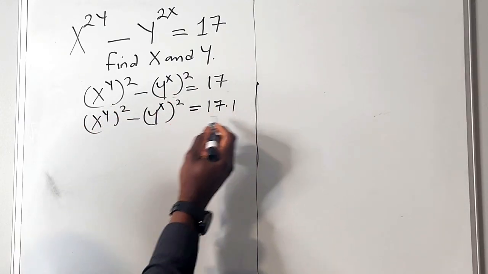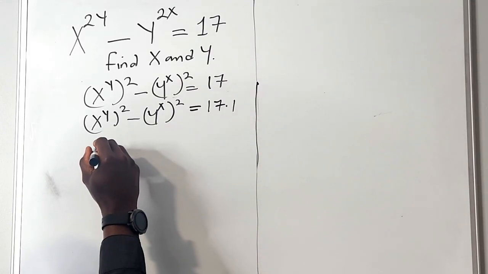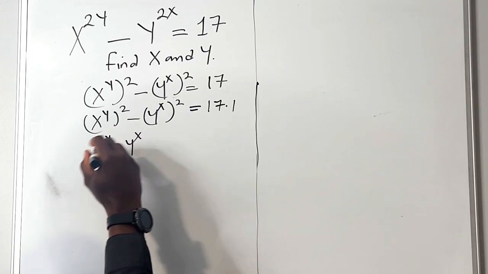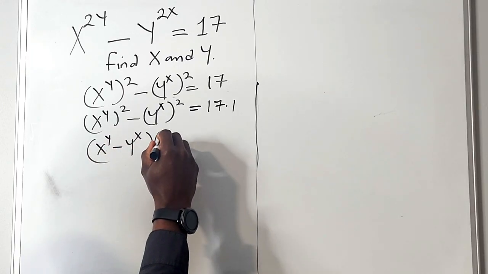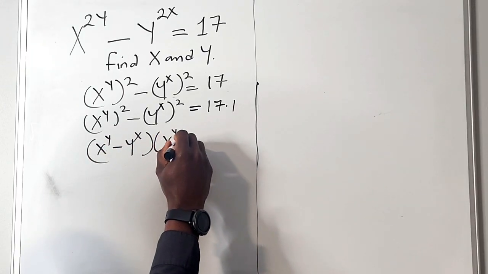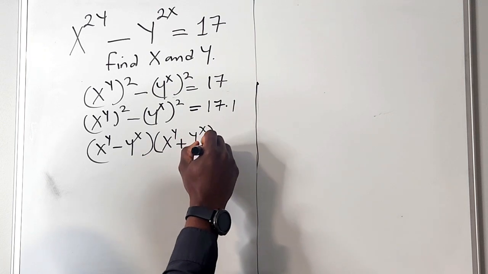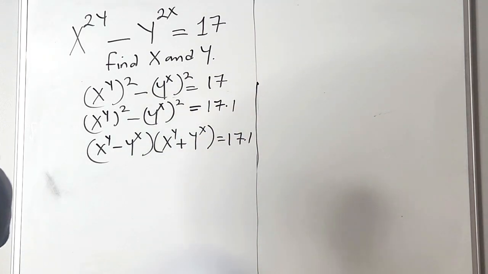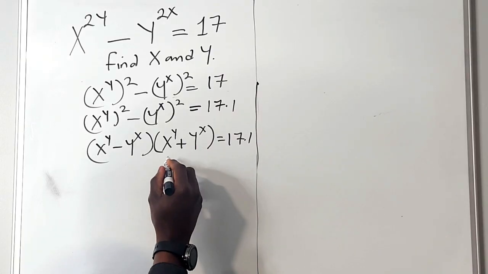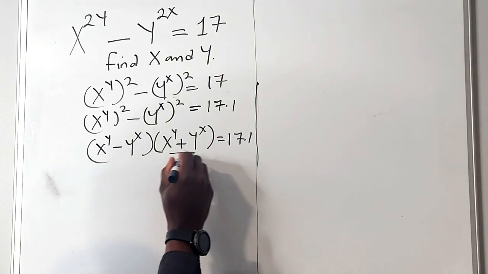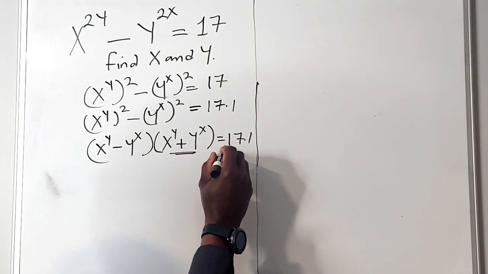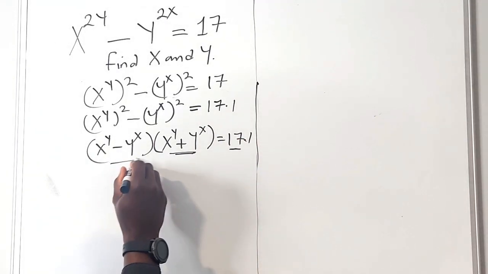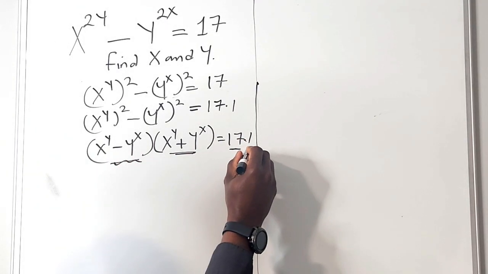So let's rewrite this. And we have x raised to the power y minus y raised to the power x, and then x raised to the power y plus y raised to the power x, equals 17 times 1. Okay, so now the positive 1 we can equate to the higher number, and then the negative we can equate to the lower number.